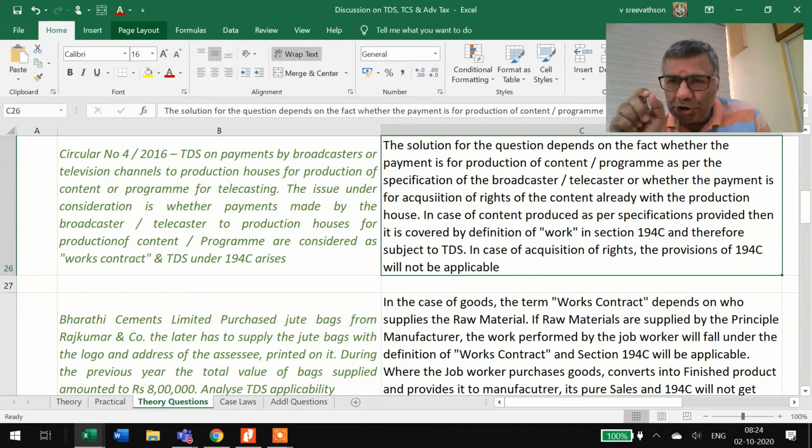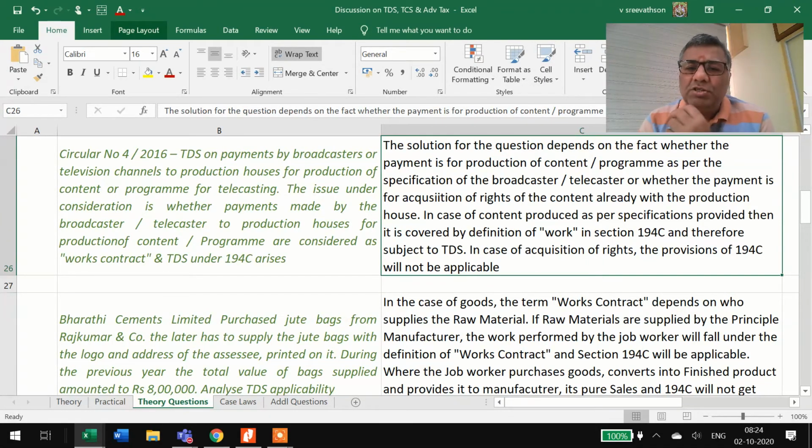The solution, I start from the top. I'll cut and paste it in the main answer. The solution for the question depends on whether the payment is for the production of content of the programme as per the specification of the broadcaster or telecaster, or whether it is for acquisition of right of the content already in my shelf.